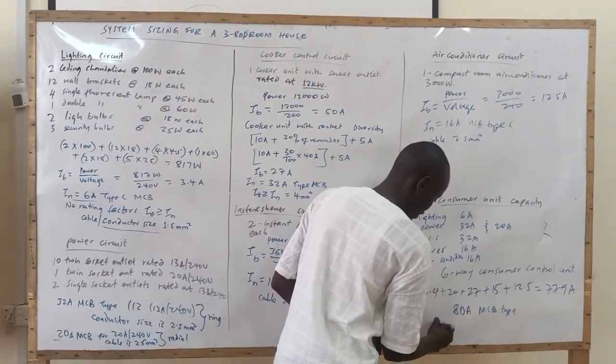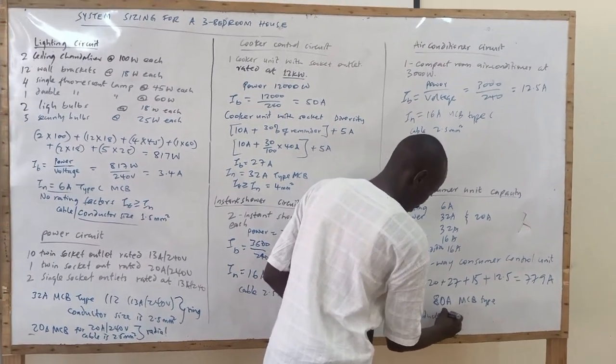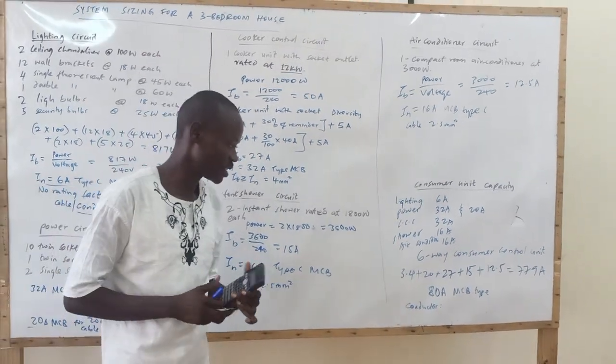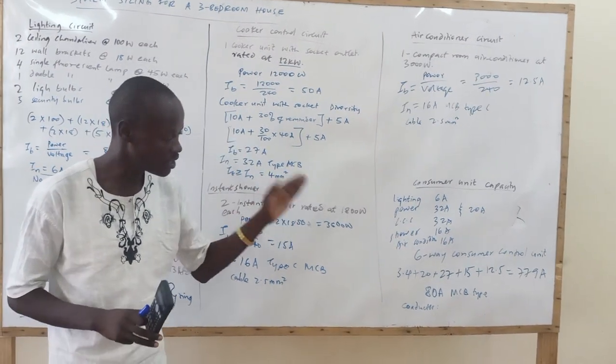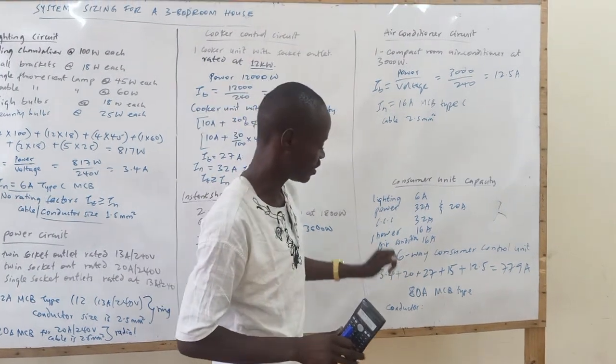and then the conductor size. For this case, you go for the conductor size. So conductor size, for this case, when you go and check, I'm so sure you're going to get something above 6.0 square millimeter, because you still go on the same. You're using single core cable, and this case is thermoplastic and for single phase.